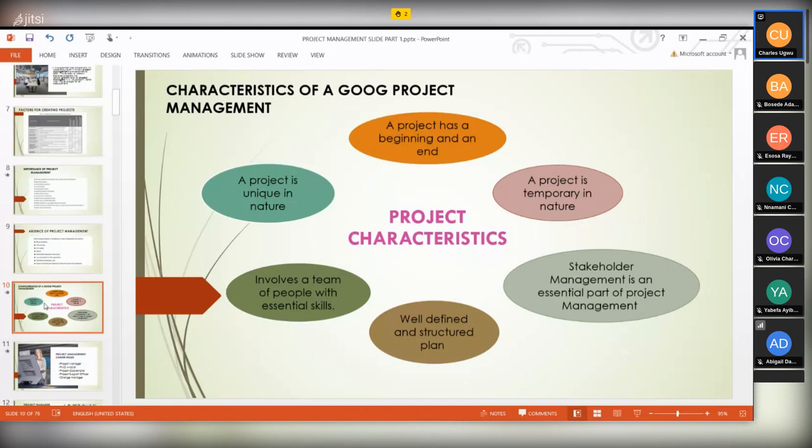Stakeholder management is an essential part of a project. You cannot do without stakeholders. No, you can't. So you must learn how to manage your stakeholders. You need to do the politics. You need to study them. We have a lot of tools. All these things have their tools you use to manage them.